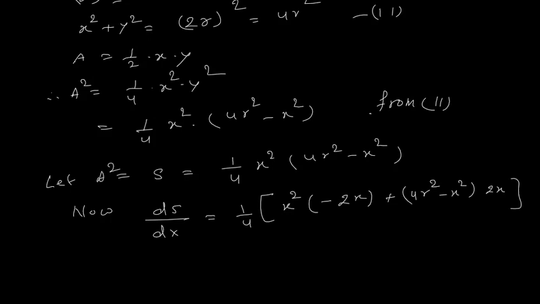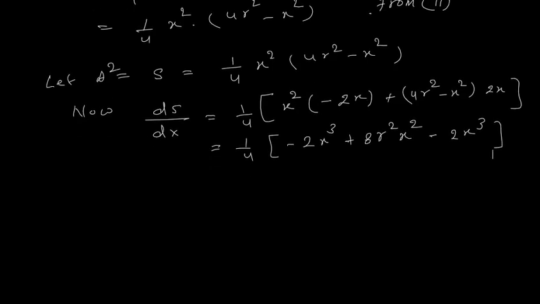So this will give me 1 upon 4 into minus 2x cube plus 8r square x minus 2x cube. So 2x cube and 2x cube is minus 4x cube.